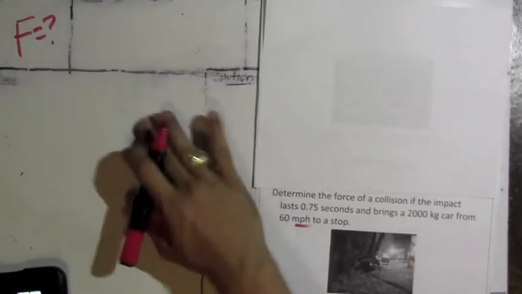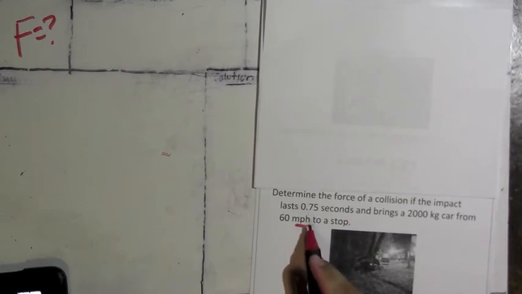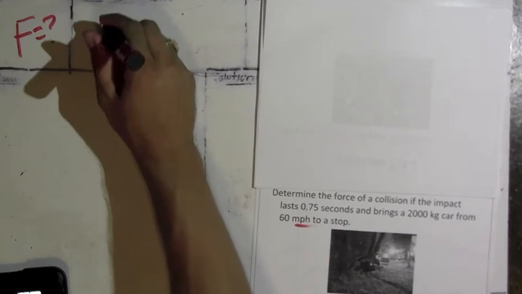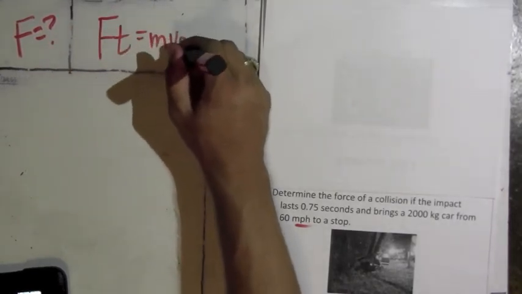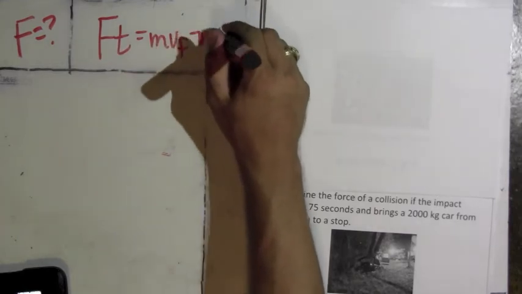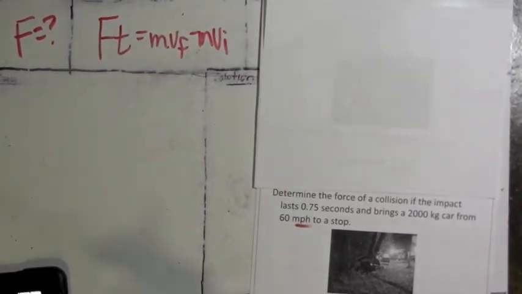We're trying to relate force to time, to impact, so we're going to say Ft equals mvf minus mvi. I don't know for sure that that's the formula I'm going to use, but it makes sense with the most variables that I have, and it does allow me to calculate force.